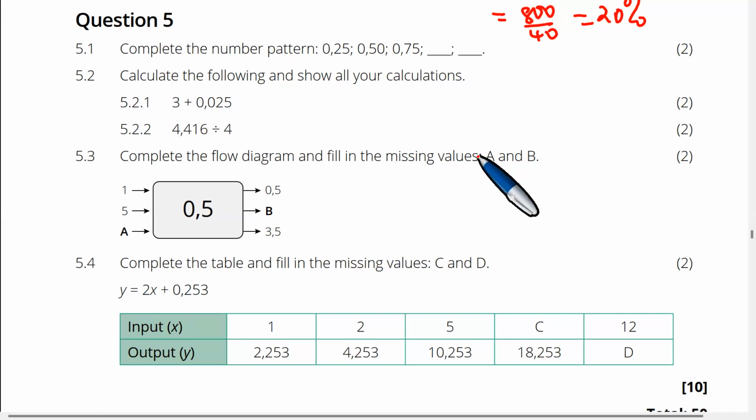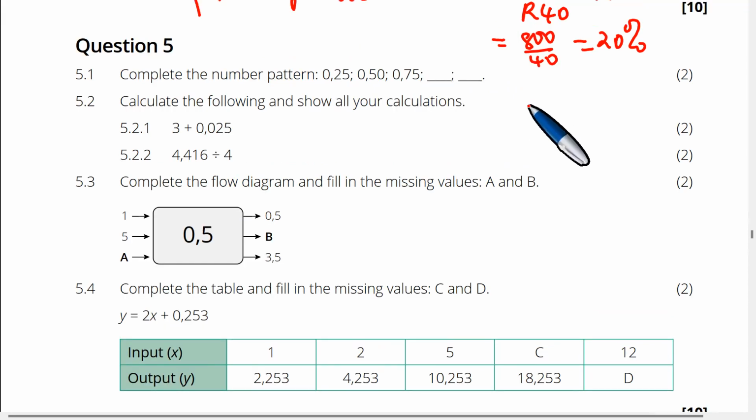What did you get it to be? You need to just put two of the numbers. So now you just add 0.25. If you add 0.25, what do you get here? 1.